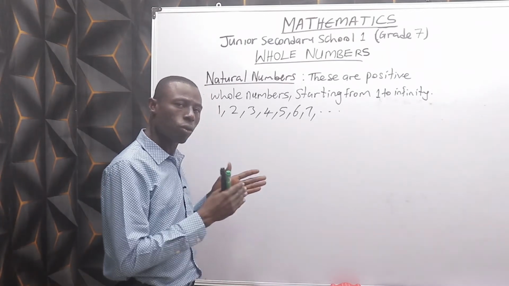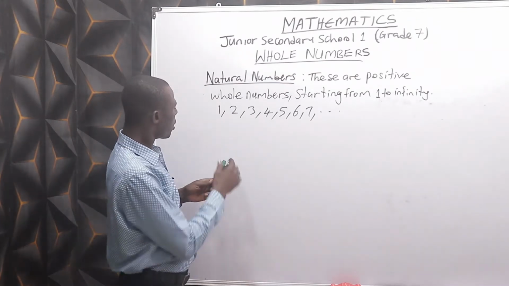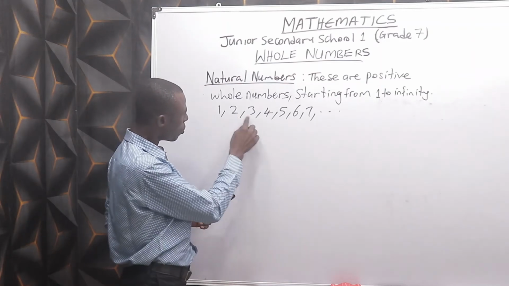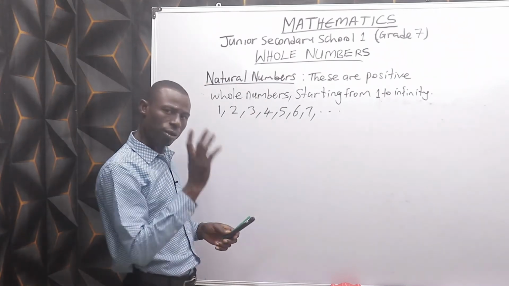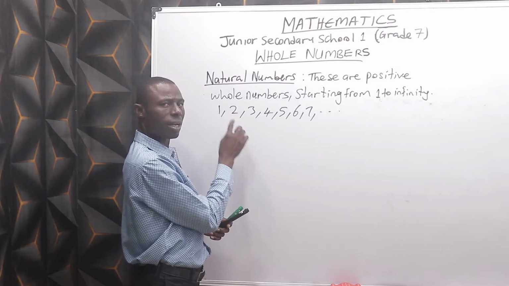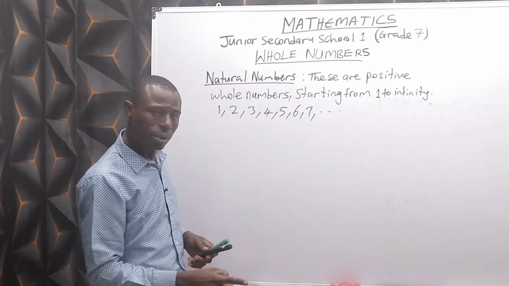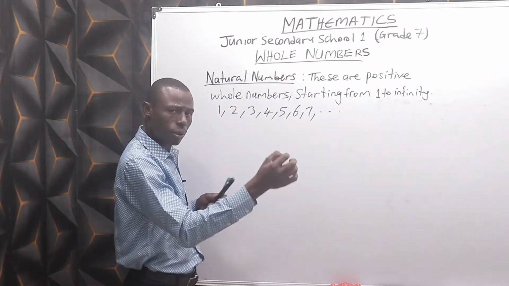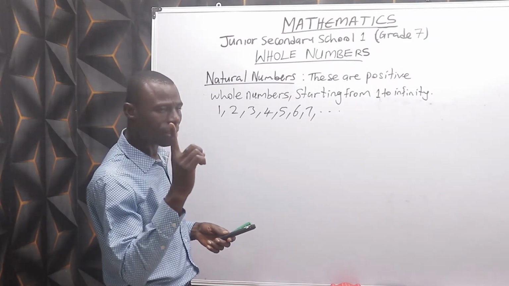So when I say any two consecutive natural numbers or whole numbers, that is, like 1 and 2, they are consecutive, following each other closely. 2 and 3, 3 and 4, 4 and 5, 5 and 6, and so forth. So the difference between any two consecutive of them like that is 1. The difference between 1 and 2 is 1. The difference between 2 and 3 is 1. As in, when you subtract the small one from the big one, the answer will be 1.